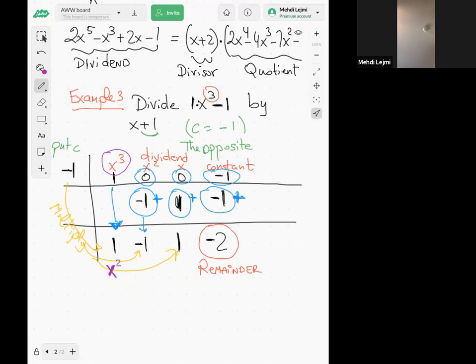After x squared, we have x, and after x, the constant. This would be our quotient. The remainder is -2.